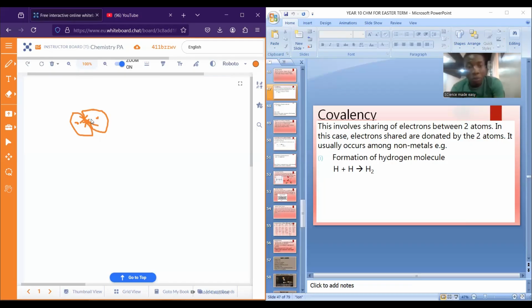For example, ammonia, NH3. Nitrogen is a non-metal, hydrogen is a non-metal.